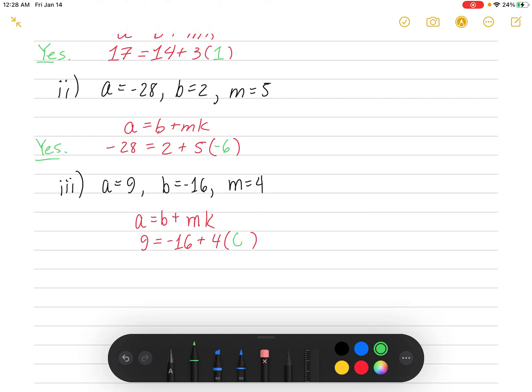What if you tried 6? That would be 24 plus -16, which gives you 8, right? That wouldn't work. So yeah, the answer here is no. You can't get that formula to work out. So the answer is no.